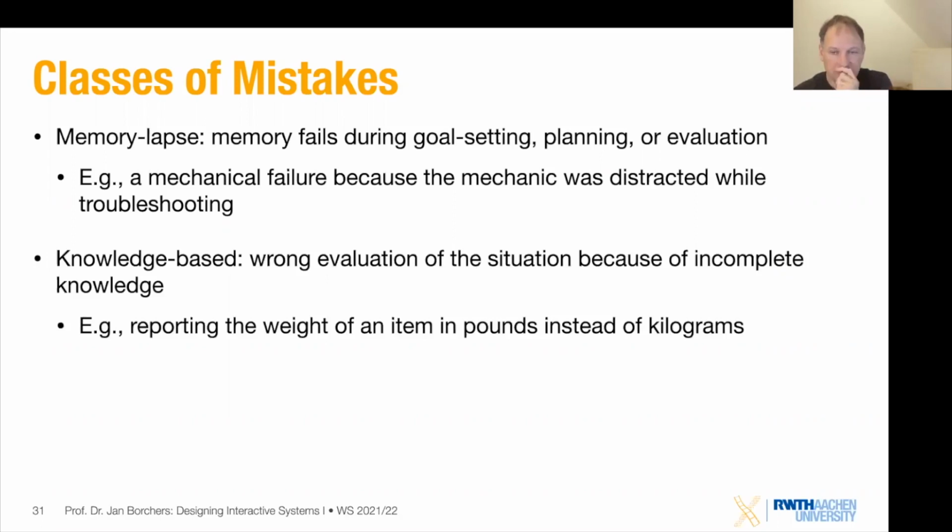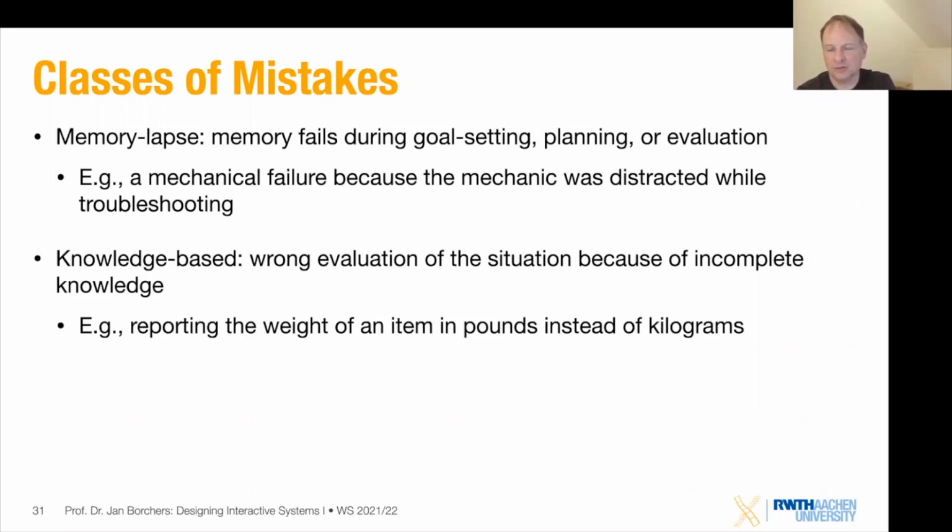Another class of mistakes is the knowledge-based ones. These happen because you don't know everything about the situation, and so you evaluate the situation wrongly. So, for example, you're putting your package on a scale in a DIY corner of the local post office in London, and you look at it and it says 2.8.